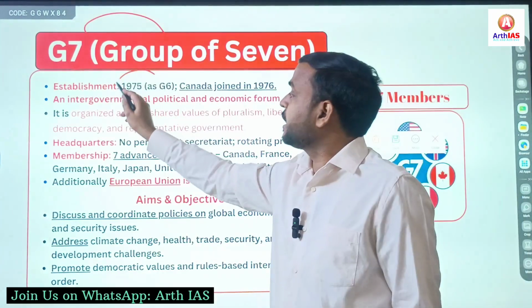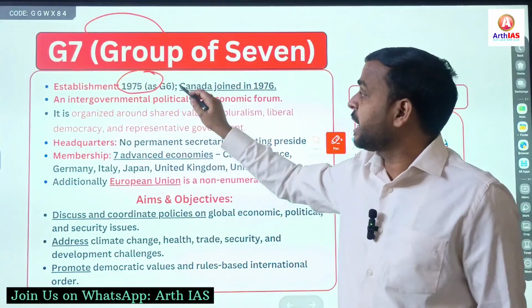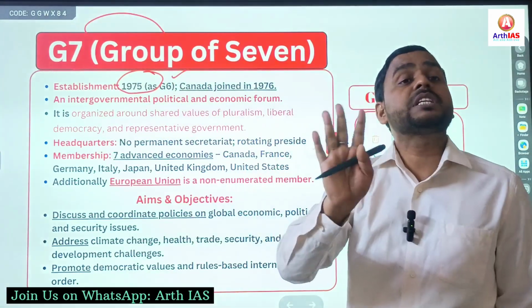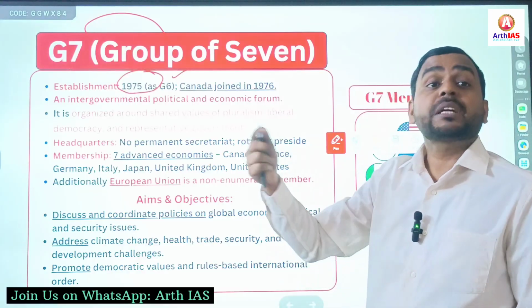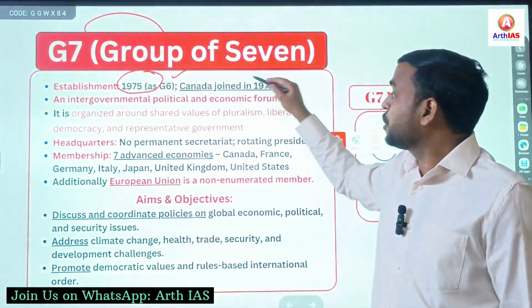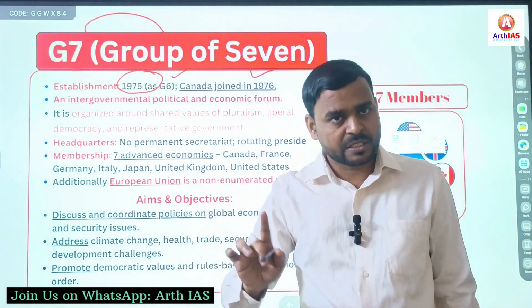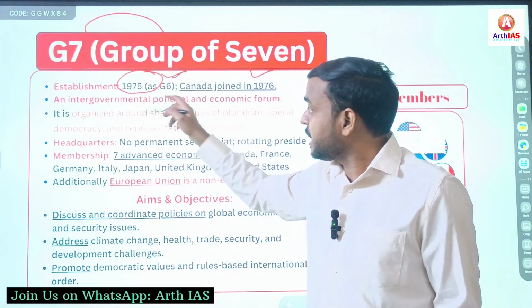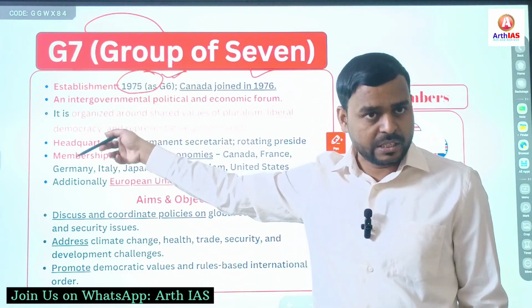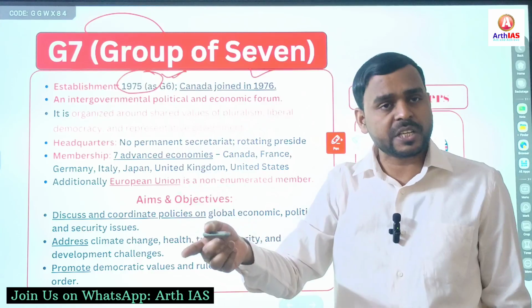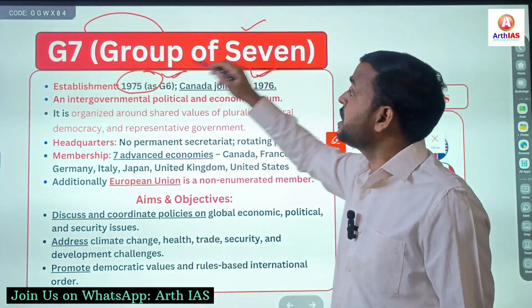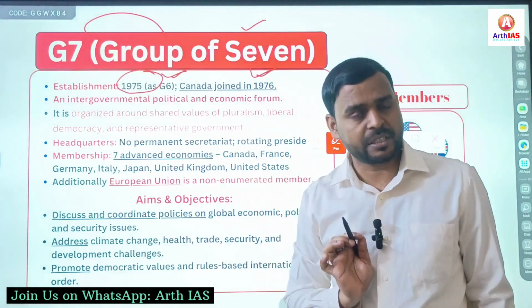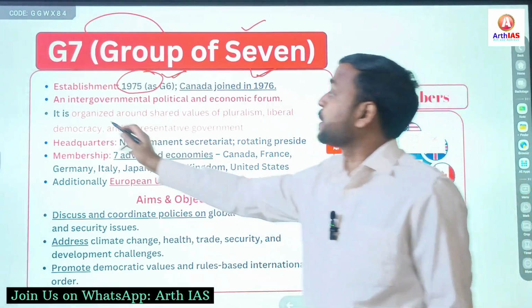It was established in 1975, and that time it had only 6 members, and that's why it was called G6. But later on Canada joined in 1976. First in 1975 G6 came into existence, and in the next year in 1976 Canada joined and it became G7, group of 7, right?